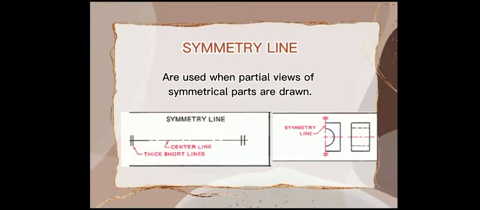As you can see in the picture, it is a center line with two thick, short, parallel lines drawn at right angles to it at both ends. So the symmetry line is the line that divides a shape or an object into two equal and symmetrical parts.